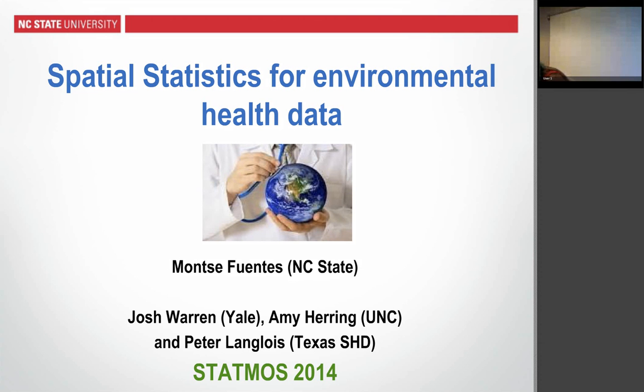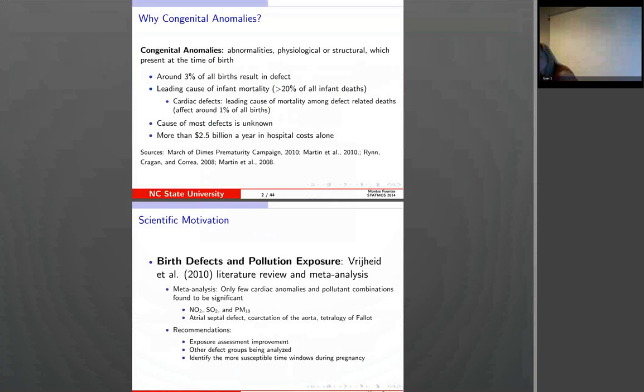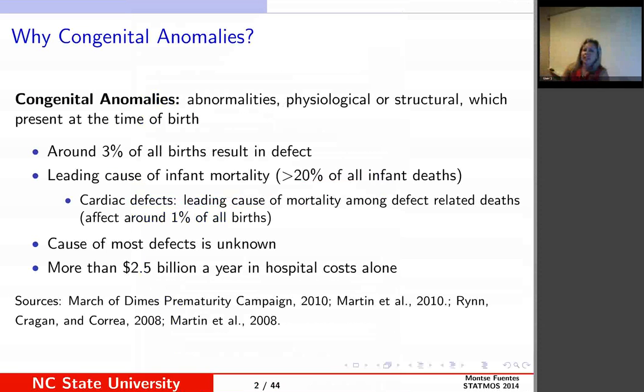In particular, we are working with birth defects, so more in a technical term, congenital anomalies. So what we are trying to understand is, in particular, linking these type of adverse health endpoints to potential stressors, environmental stressors in this case.